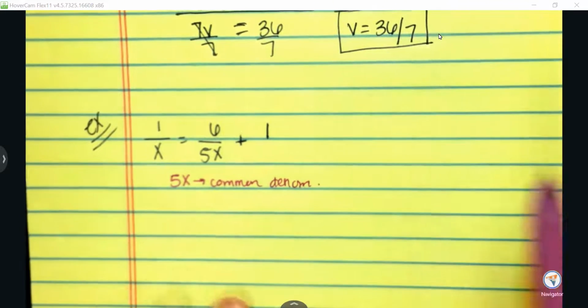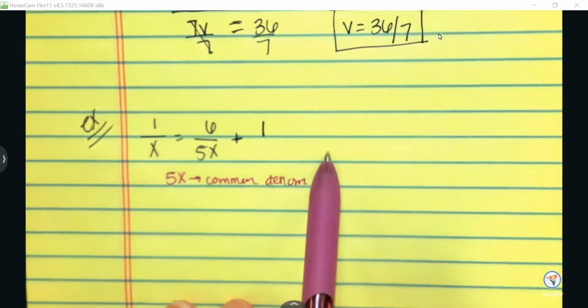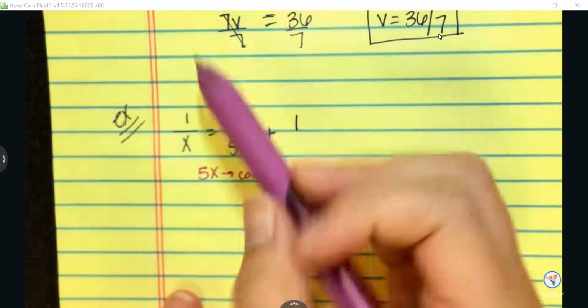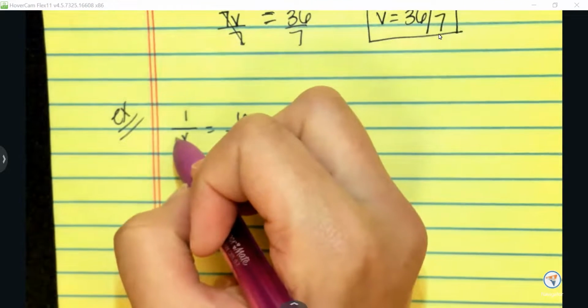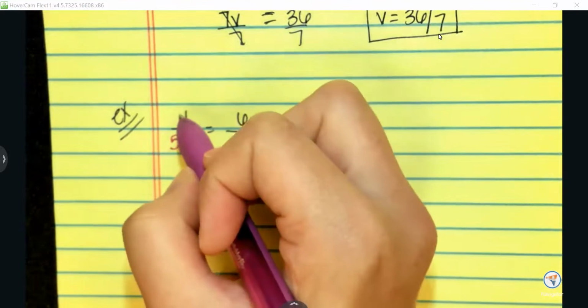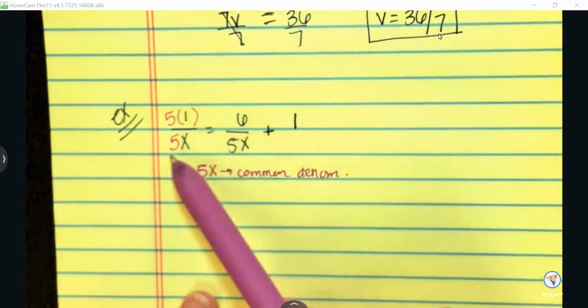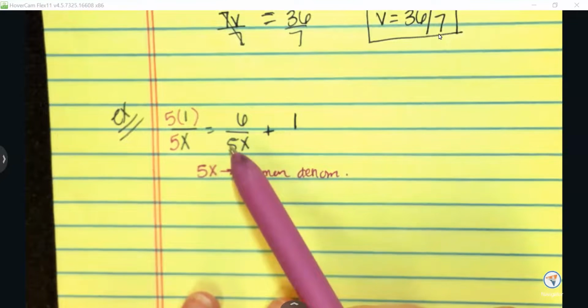So I have to make everything in here have a 5x in the denominator. Looking at the first fraction, what do I have to put in the denominator to make it a 5x? A 5, and if I put it in the denominator, I put it in the numerator. The second one, 6 over 5x, does that denominator need to change?